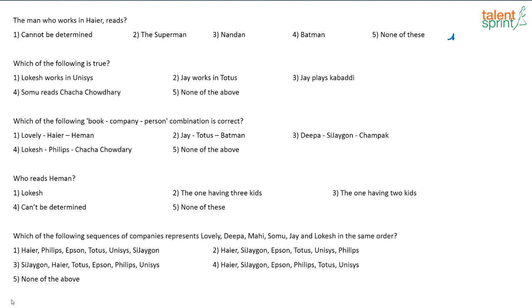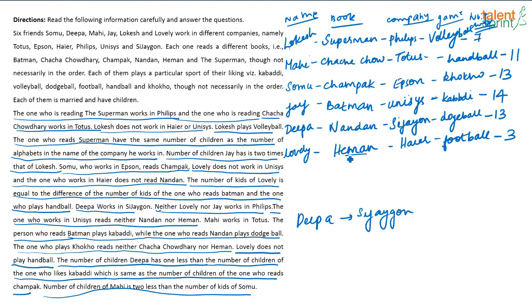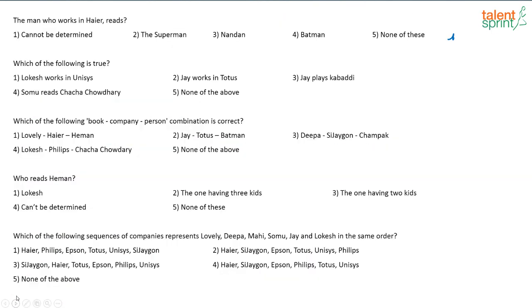First question. The man who works in Hire reads what? He-Man. It's not there in the given options, so it is none of these. Which of the following is true?